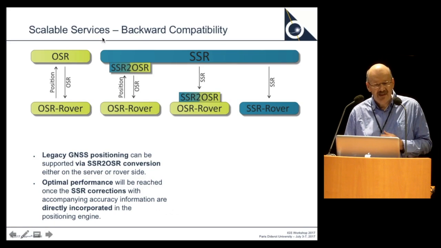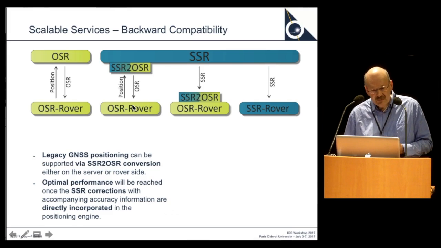We have the classical case, the observation space domain with a dual communication channel, and we call it an OSR rover. And then you have SSR, and then you can do the conversion SSR to OSR at the server. In this case, you need the communication link to do twice, dual communication link.